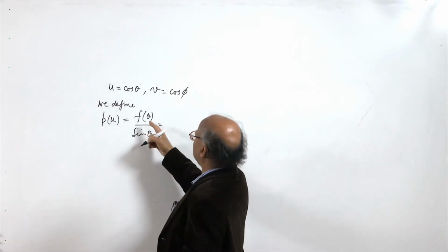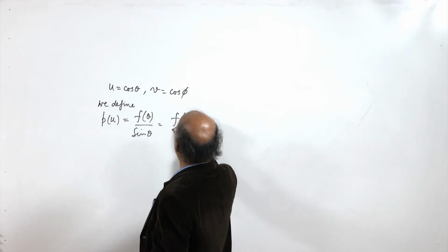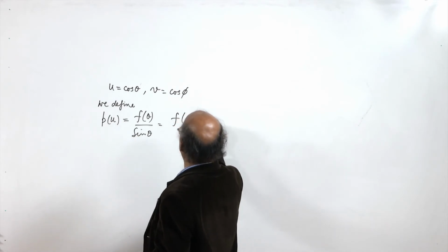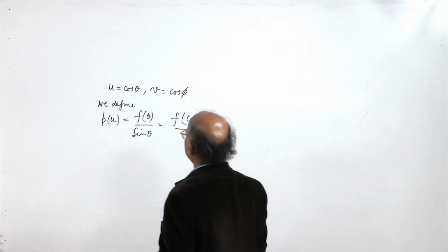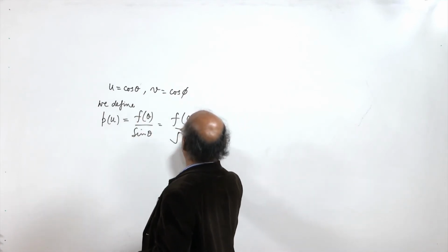So when u is cos θ, θ will be cos⁻¹ u. So f(cos⁻¹ u) we have, and then sin θ will be equal to √(1 − u²).